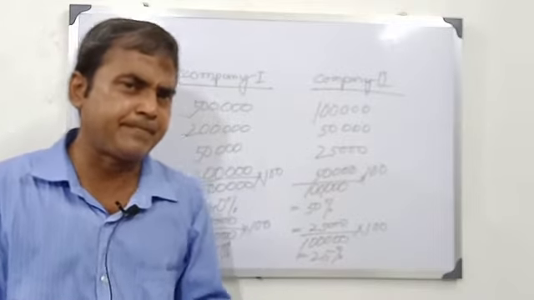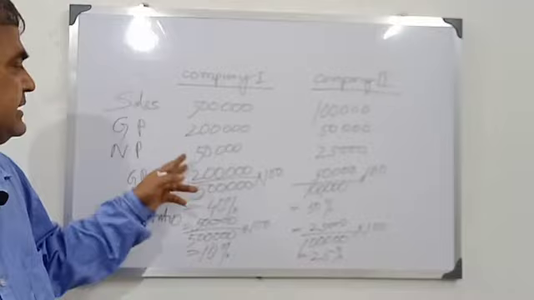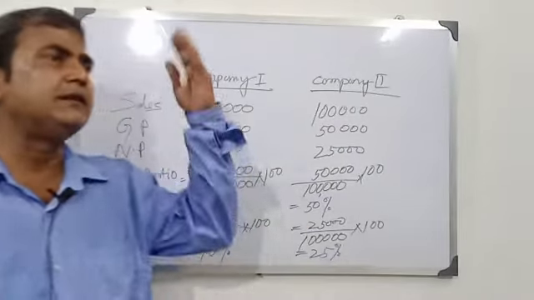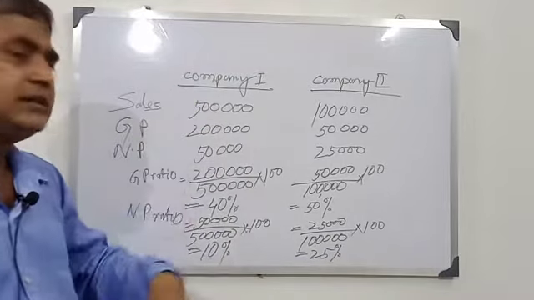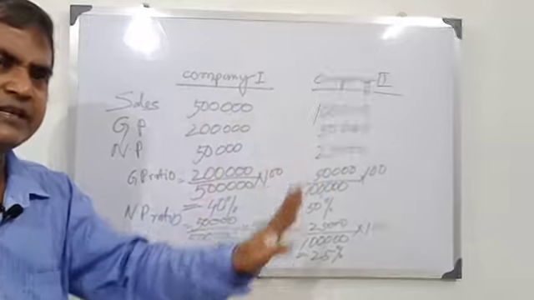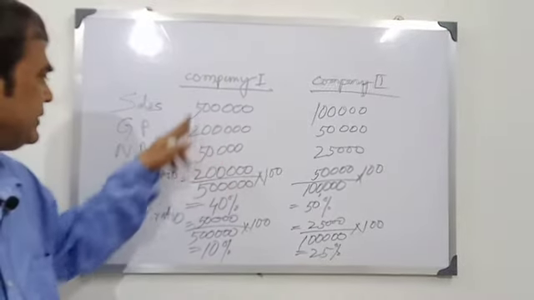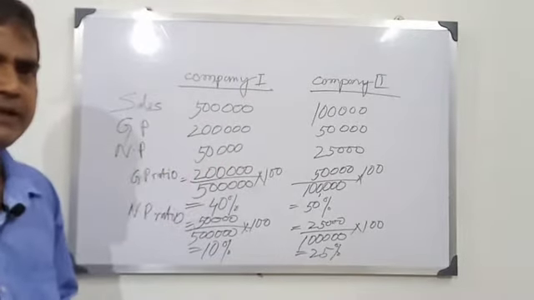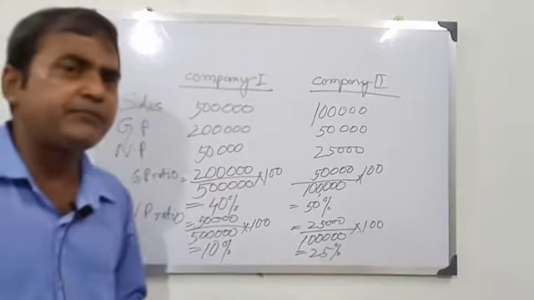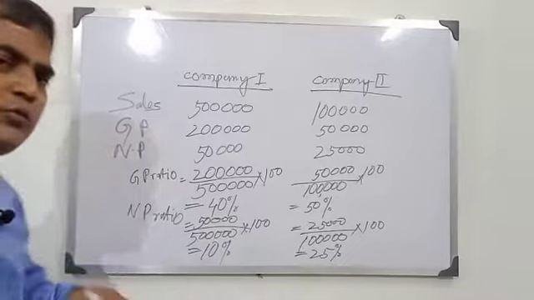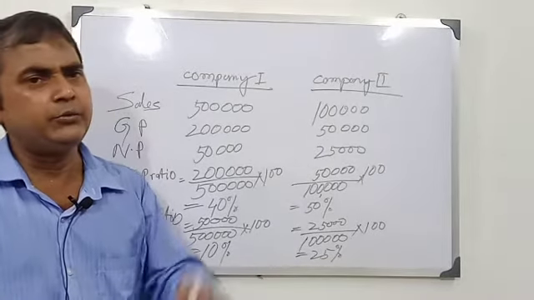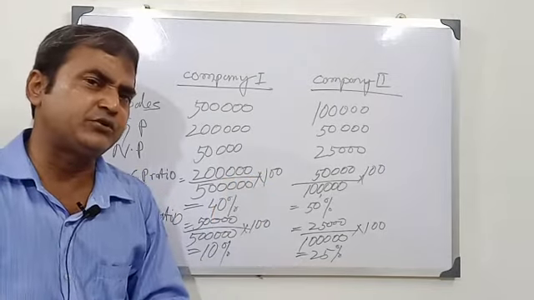Net profit means considering all expenditure and losses of the enterprise, direct as well as indirect, deducting from sales, and we get the net profit. Calculation of operating profit, which comes in between these two, I will show later on when we calculate the profitability ratios.